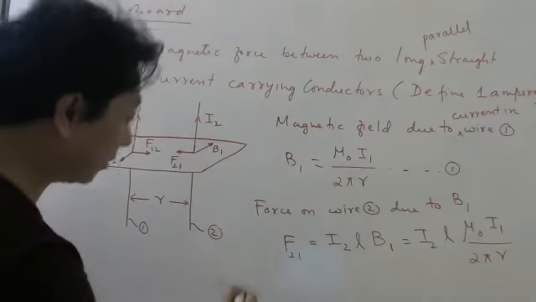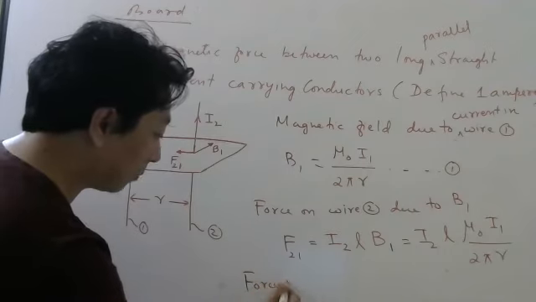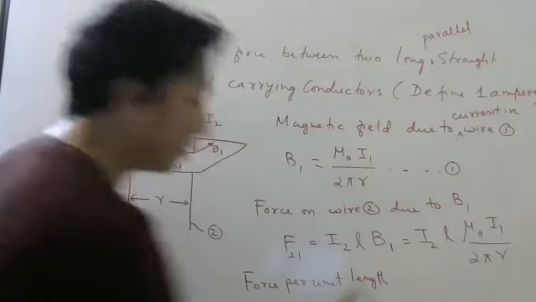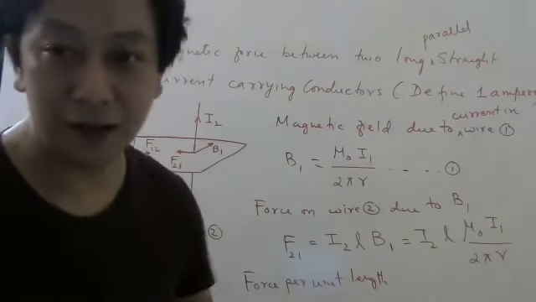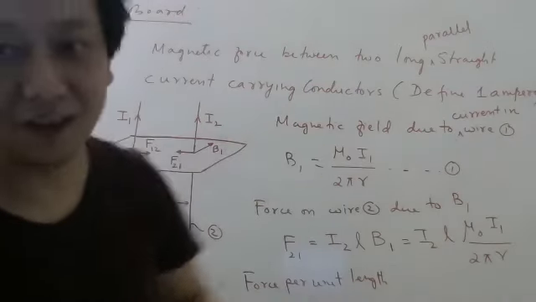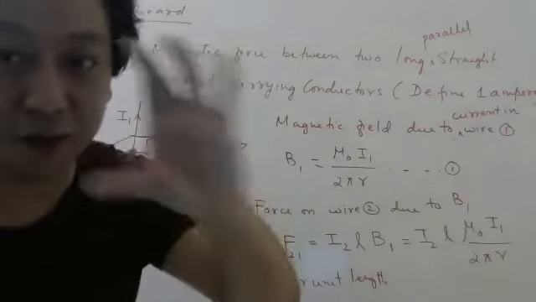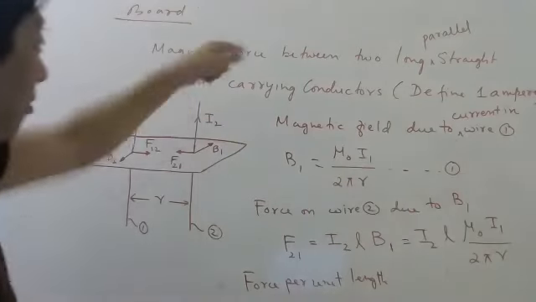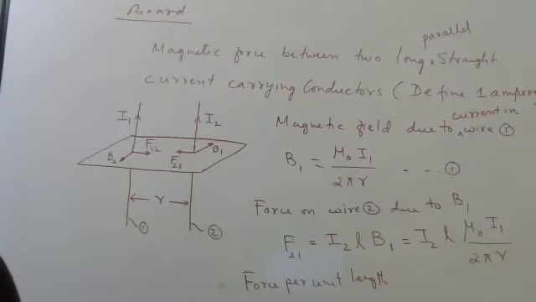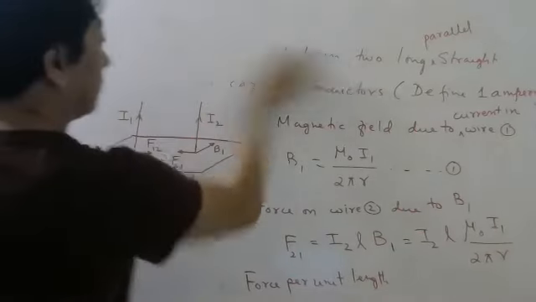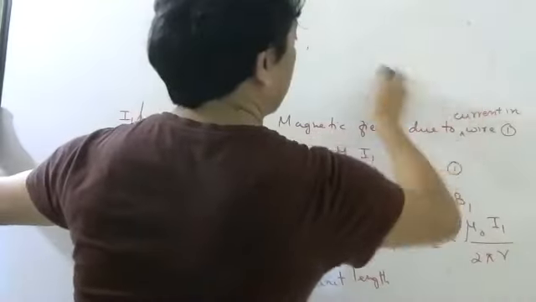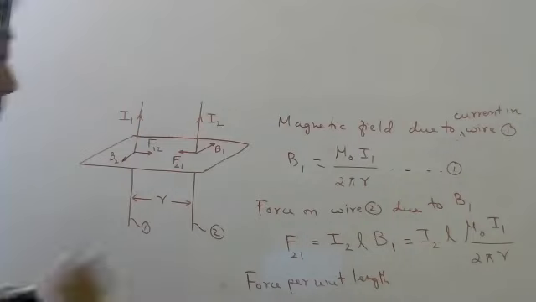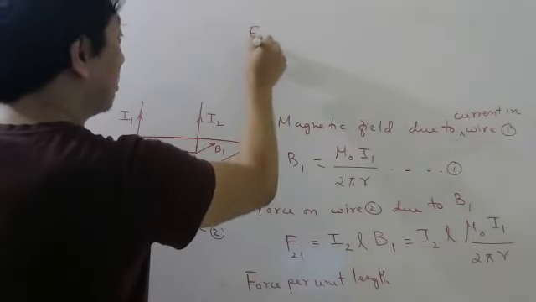But it is more important to calculate force per unit length. Why, sir? Because the length of the wire is actually infinite. So you can't actually measure force on the whole wire. You have to choose some part of the wire and find force on that part, then divide by the length. So force per unit length means divide the force by the length.